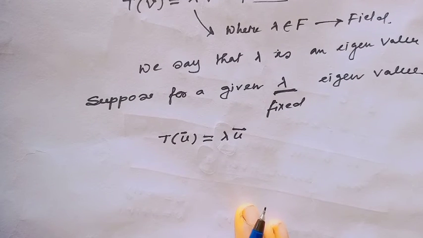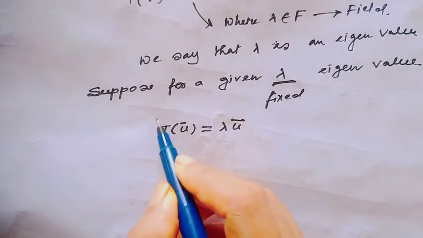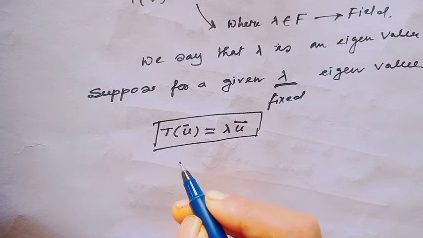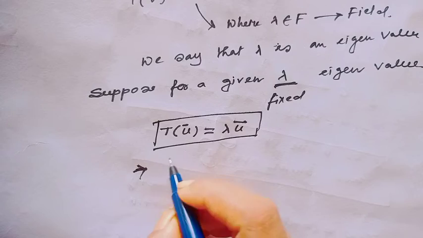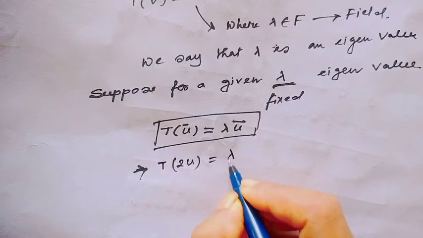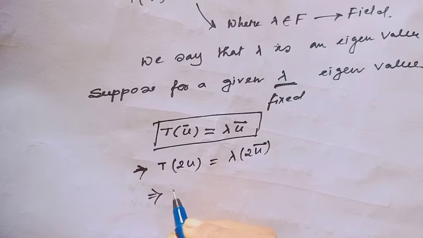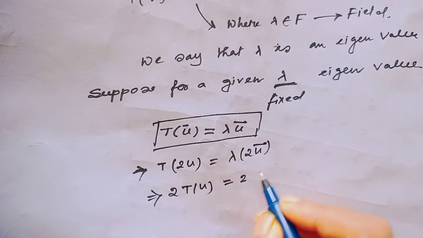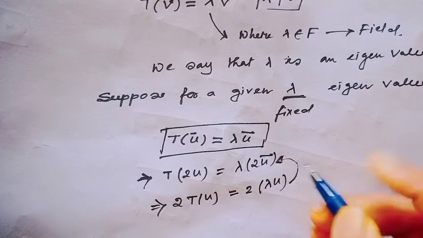Suppose for a given fixed lambda which is an eigenvalue, I will get Tu equal to lambda times U. Then not only U, also 2U is an eigenvector because T of 2U would be lambda times 2U by the definition, and notice T of 2U means 2 times Tu, which would be 2 times lambda U, and from this line we can write this expression.